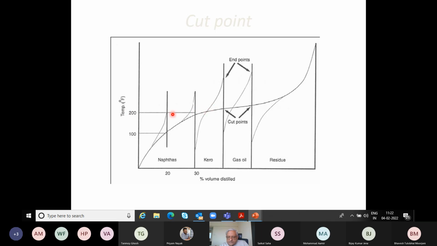So this is the cut point, let's say. This is the temperature at which you withdraw the kerosene fraction from the crude column, of course corrected to atmospheric pressure. And these are the endpoints. So this is like the percentage recovery that you see in a typical TBP diagram.